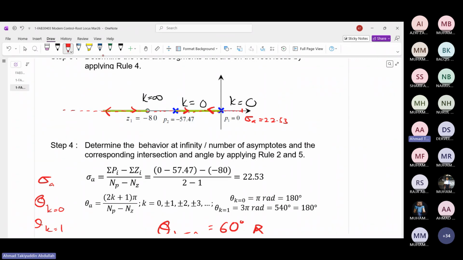So this is how the overall plot will look like. If you are going to have the plot up to infinity, it will be just like a straight line.